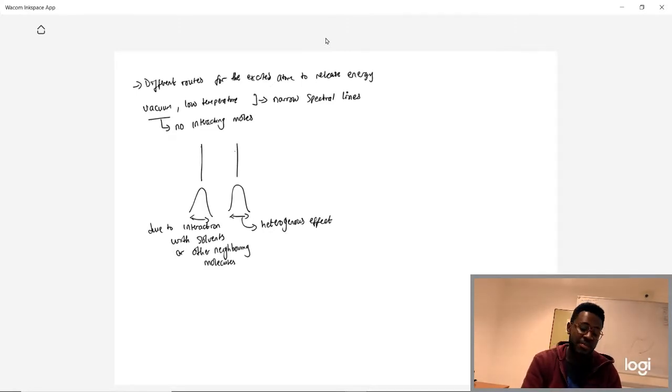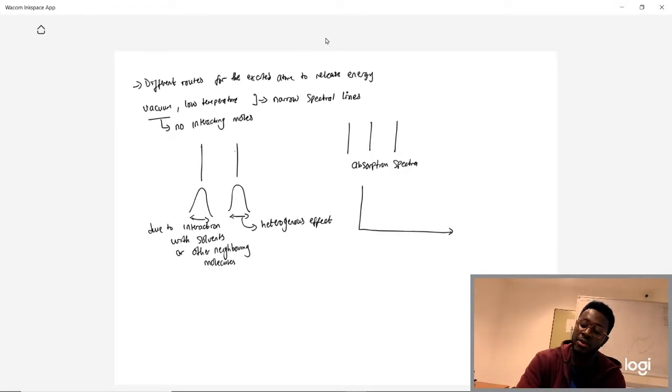Because of the interactions, for some complex molecules in a solvent, instead of having just narrow lines for the absorption spectra, we have a basic, complex curve. This is your wavelength, and this is your intensity.